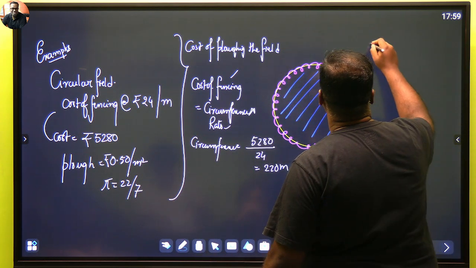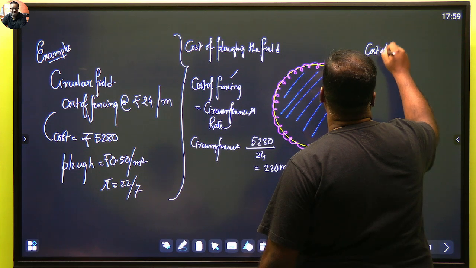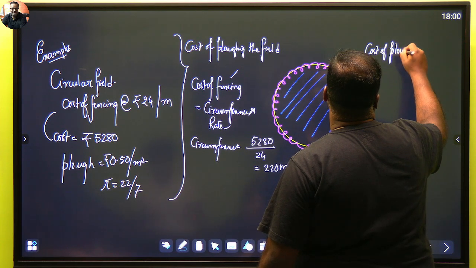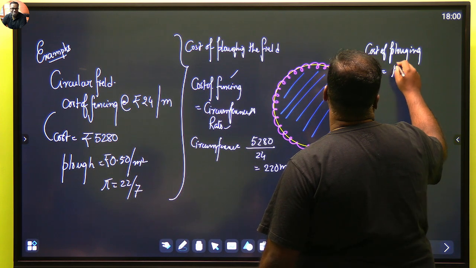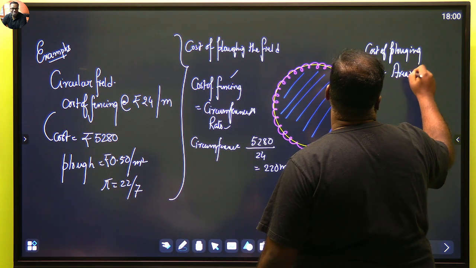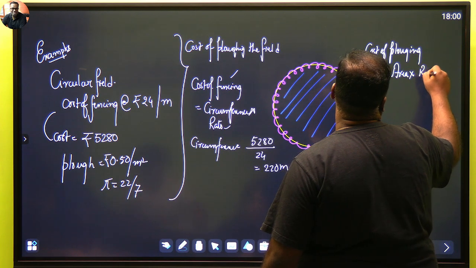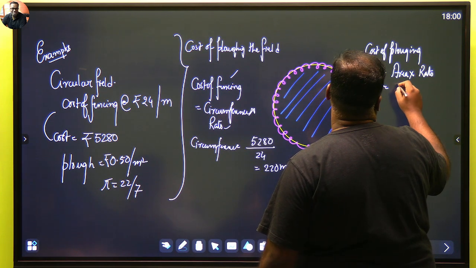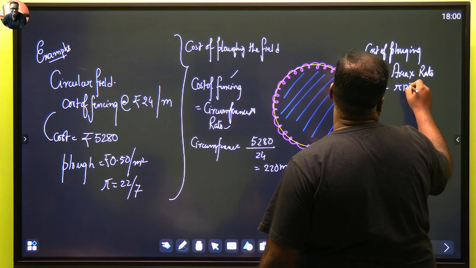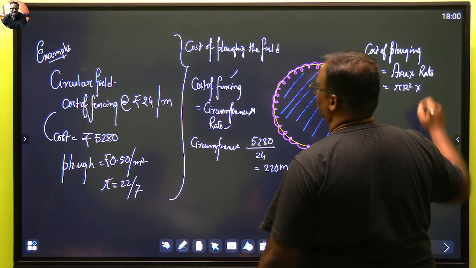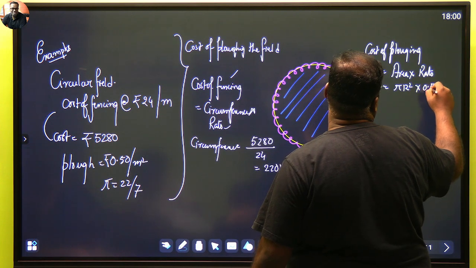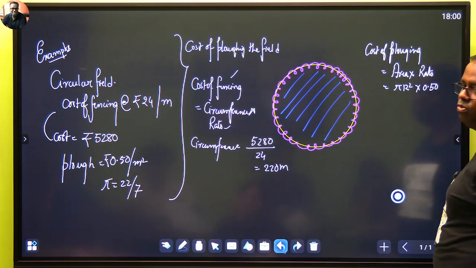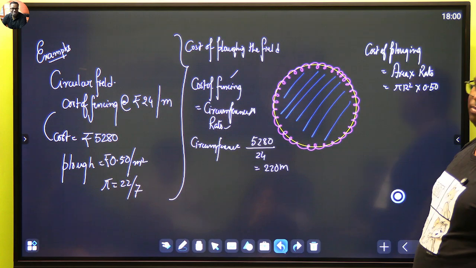So if you want to find the cost of plowing, what do you need? You need the area multiplied by the rate. And what is the area? Pi r square into the rate. Rate is 0.50. The problem is that you don't know what r square is.